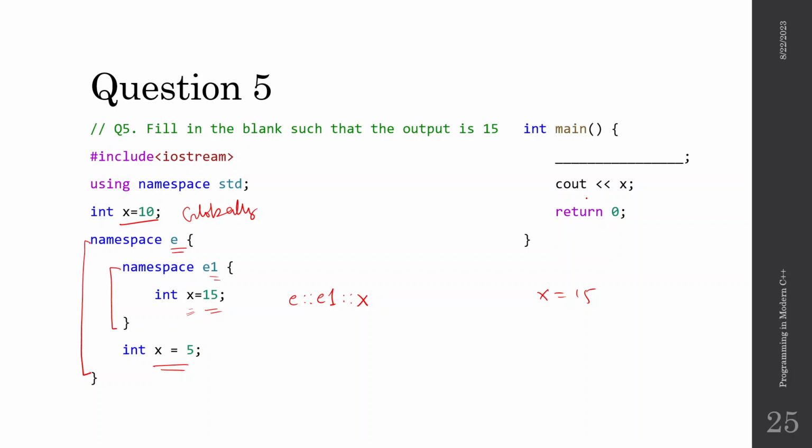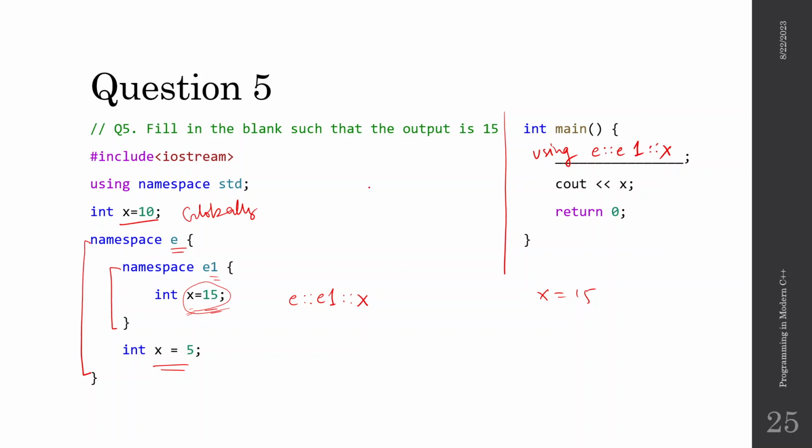Here we want to print 15, which basically means that we want to access this variable inside the e1 namespace. So we'll have to fill that using, okay, so we have to fill this in the blank.